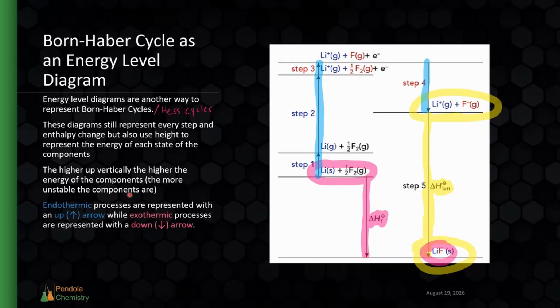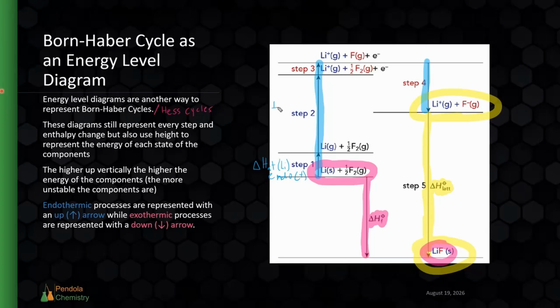So for example, here, that enthalpy change of atomization, and let me label that, delta HAT for the lithium is endothermic. It is positive. And we can see that because the arrow for that step points up. The ionization energy, let's just call it IE1.